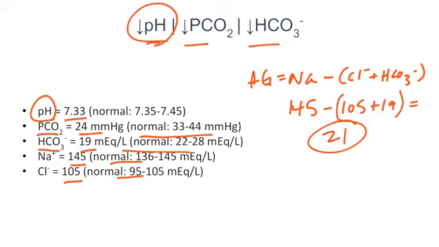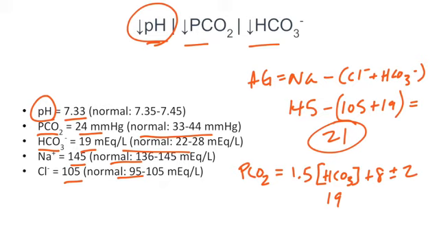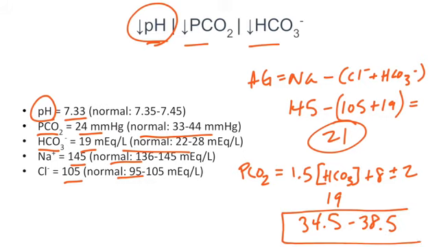Recall that the Winters formula is PCO2 equals 1.5 times bicarb plus 8, plus or minus 2. In this case, we'd plug the bicarb in, which would be 1.5 times 19, which equals 28.5, plus 8, which equals 36.5, plus or minus 2, which gives us a range of 34.5 to 38.5.